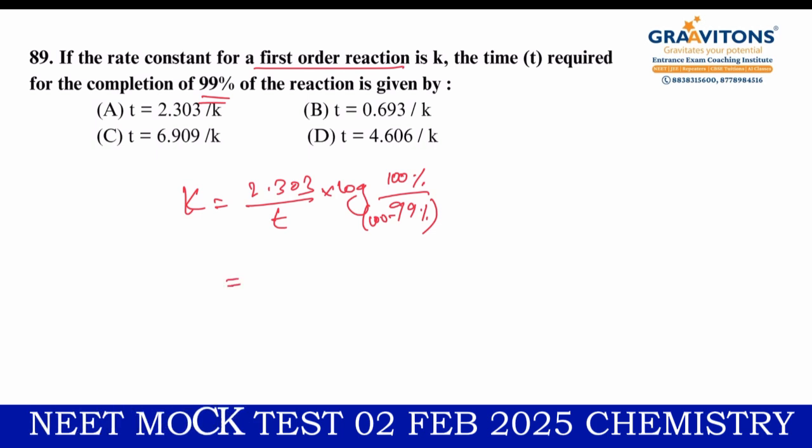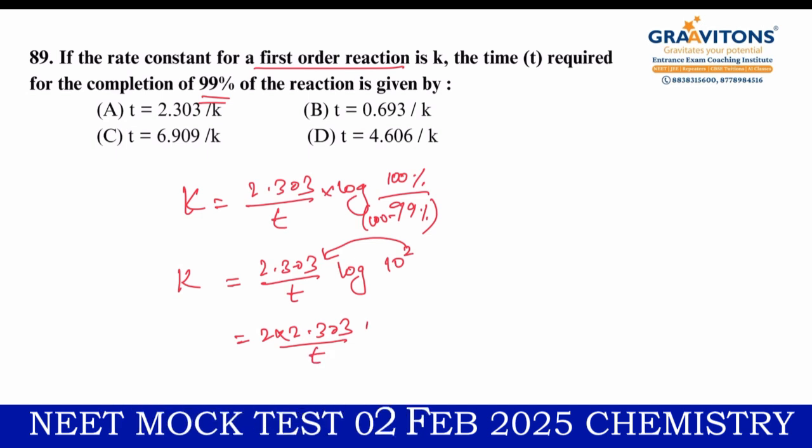As a result, I can write K is equal to 2.303 by T log 100 by 1, which gives you 100, which can be rewritten as 10 power 2, and this 2 can be brought in front. So 2 into 2.303 by T, log 10 becomes 1, since log 10 is equal to 1. Therefore, I can rewrite it as 4.606 by T into 1. They are asking, if the rate constant is K, the time required, so I can write T is equal to 4.606 by K. The correct option here would be option D.